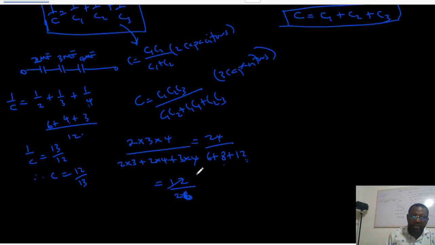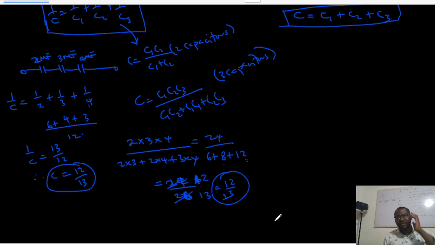So 2 in 24 is 12, and 2 in 26 is 13. So you have 12 over 13, which is exactly the same answer that I have here. So this is how you deal with capacitors in series.